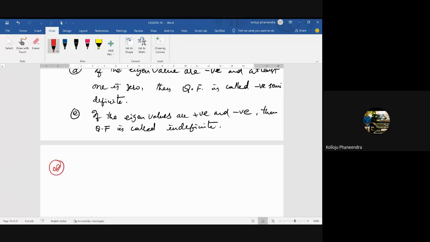Now, first problem, let me take: reduce the quadratic form 6x square plus 3y square plus 3z square minus 2yz plus 4zx minus 4xy to a sum of squares.